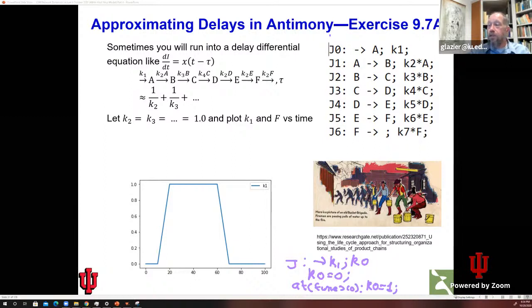And by the way, I did myself a disservice here. I want K0 to be 0.1 rather than 1. If you make it 1, it won't work. You'll see one of the reasons that delay equations are a pain if you make it 1. If you make it 0.1, you'll find out why.